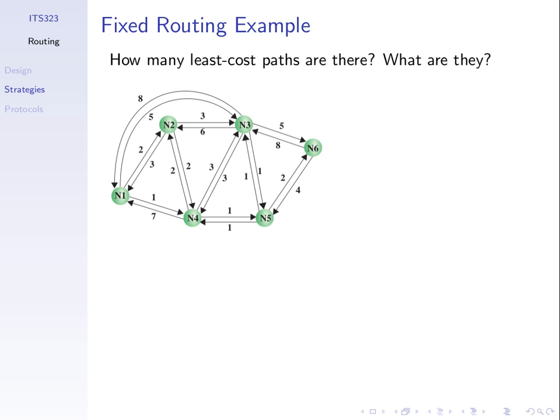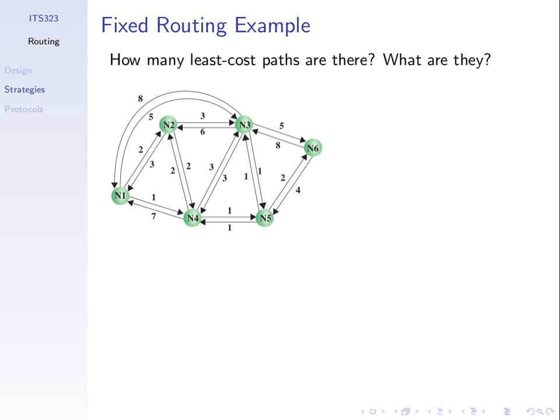So if the lowest cost path from 6 to 1 is via 5, 4, 2, then there cannot be a lower cost path from 6 to 2 than via 5 and 4. So this cannot be true. Because if there was a path 6, 3, 2 which had a cost of 2, then there should be a path 6, 3, 2, 1 which has a cost of, this is 2, and this is a cost of 3, which has a total cost of 5.